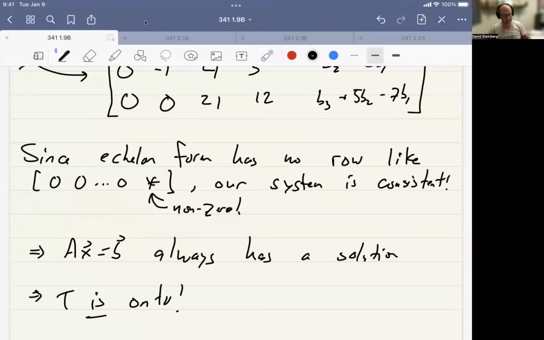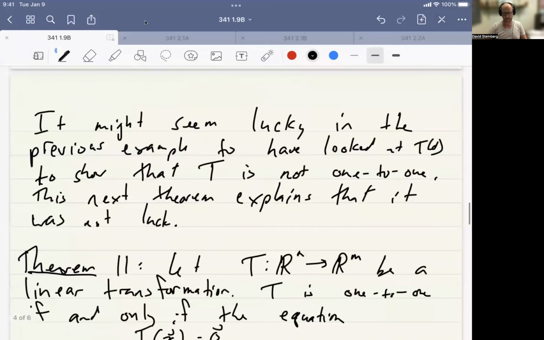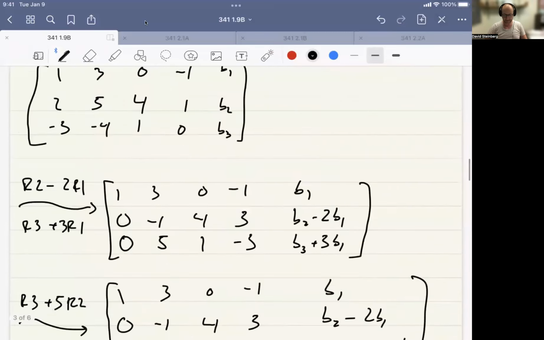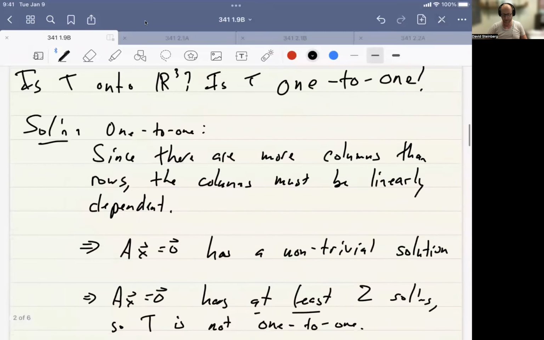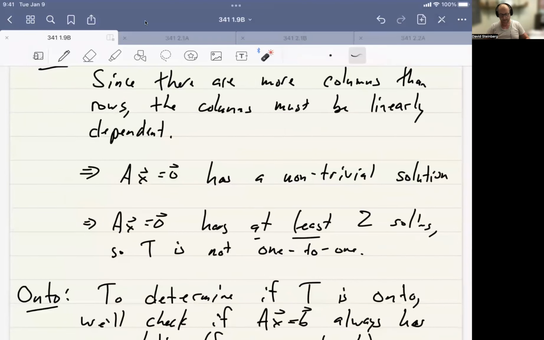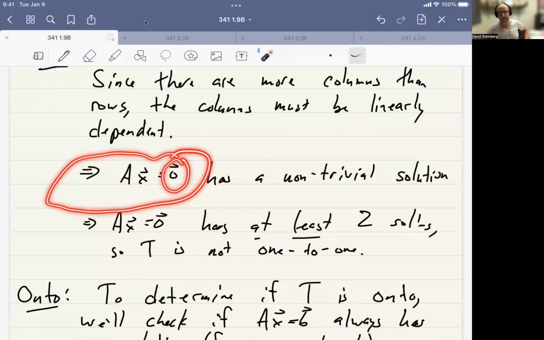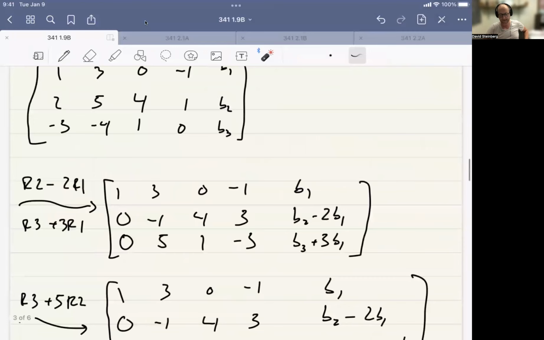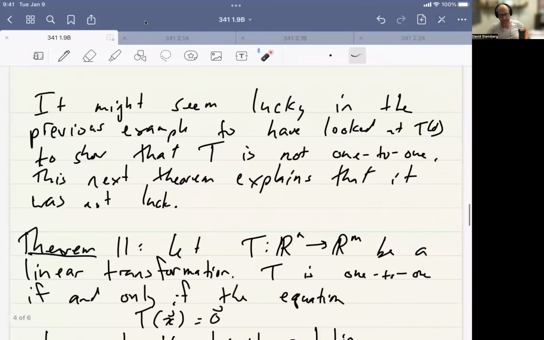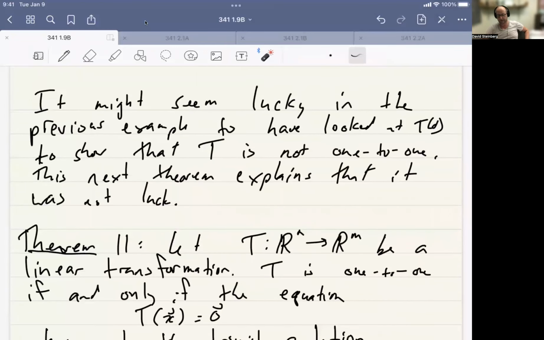Okay, and we can prove a little theorem that helps us with one-to-one in the future. Looking back at this example, you might think it was awfully lucky that we happened to know to pick 0 to be our value B. Otherwise, it would be hard to figure this out.